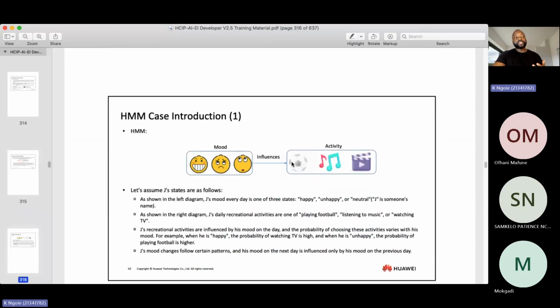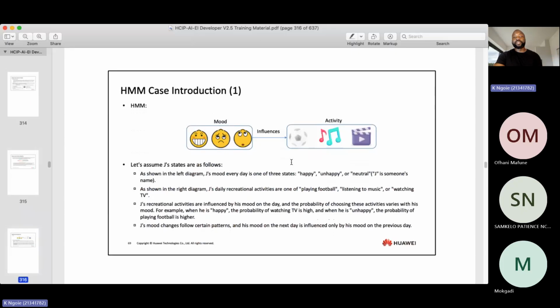Now, this takes us back to an algorithm that is used in speech processing, when we have to convert text to speech or speech to text. You have the algorithm that we spoke about yesterday, which is the HMM, the Hidden Markov Model.